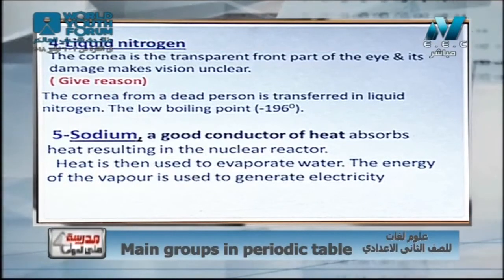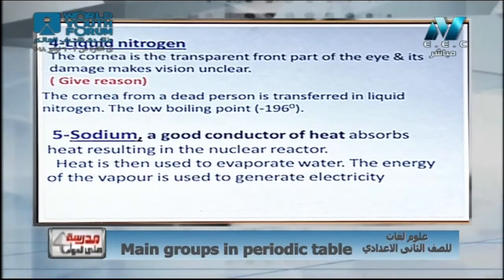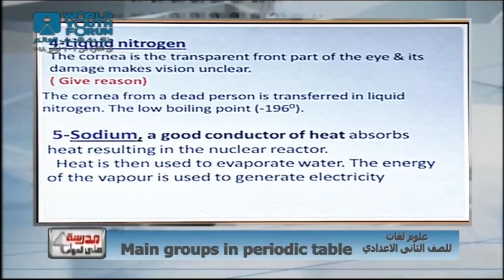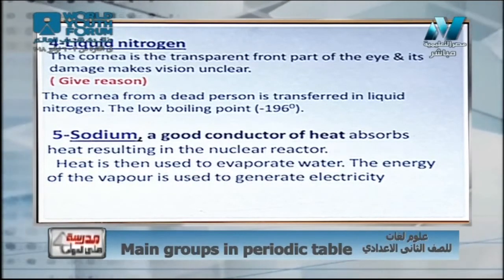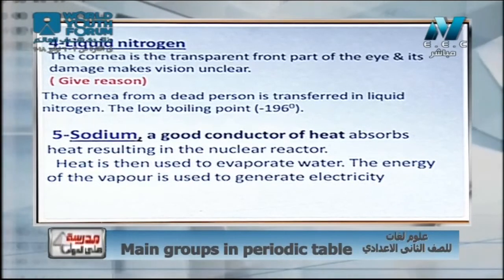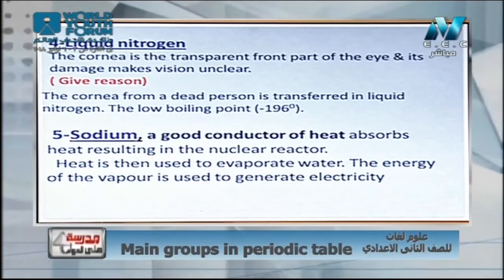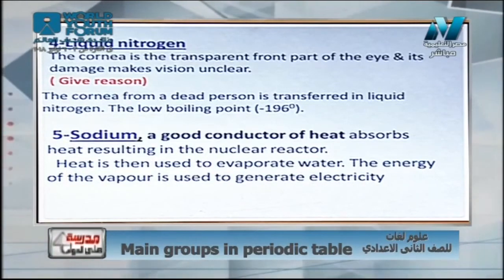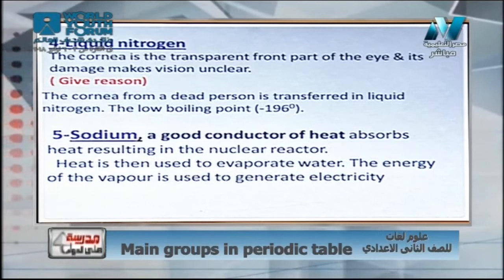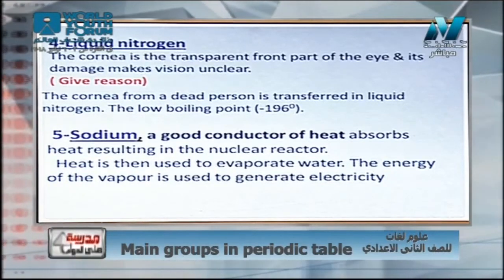Then liquid nitrogen. As we said, why is the liquid nitrogen used in transferring a part of the eye, the eye cornea, before damage? So liquid nitrogen is used to preserve the cornea from a dead person to transfer it. Why?